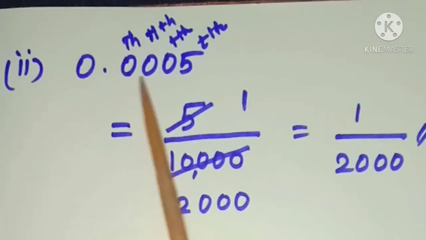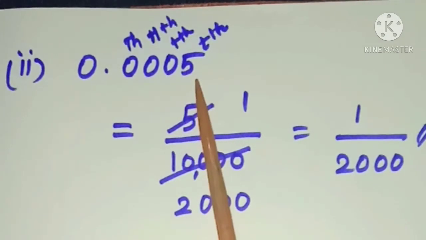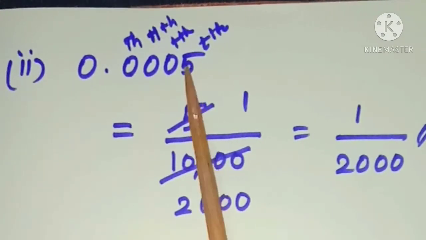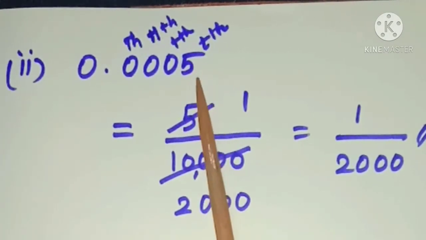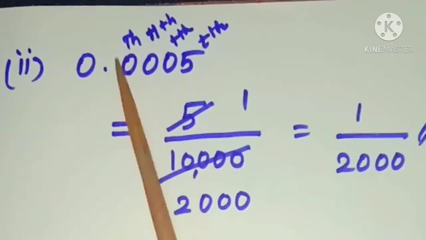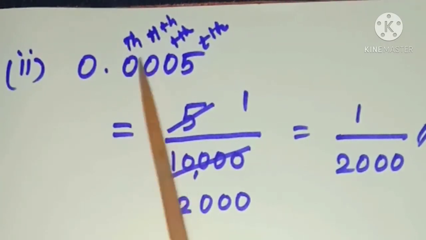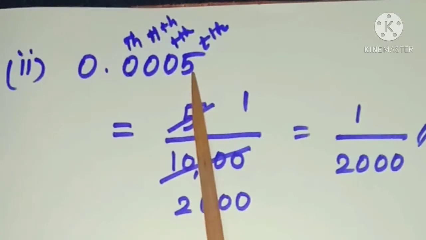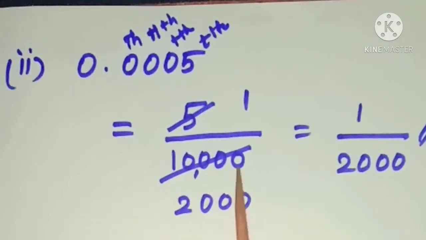Students, 0.0005. So where is 5? It is in the 10,000th place, isn't it? So that is 10th, 100th, 1000th, 10,000th. So 5 is in the 10,000th place, so it can be written as 5 by 10,000.